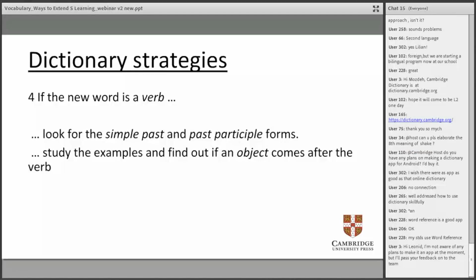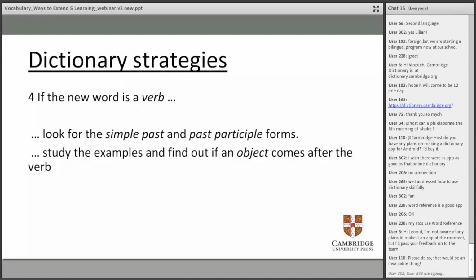In the dictionary, it does have V and I to indicate transitivity or not. Because it was a B1 level class, I didn't want to give them too much metalanguage, so I just used the term object rather than saying, is it transitive? So these were just 4 simple tips that I gave to students as a handout for when they were reading their readers at home and noticing particular words.